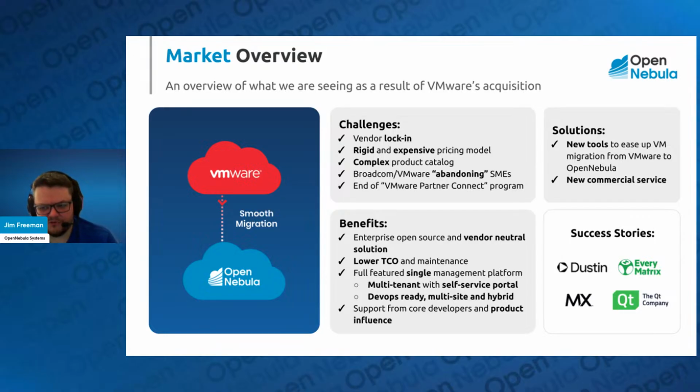We've seen all these problems that people looking to move away from VMware have faced, and with that in mind, we've started positioning OpenNebula as a real replacement, with a ton of the features OpenNebula already had, plus the new stuff we've been working on recently.